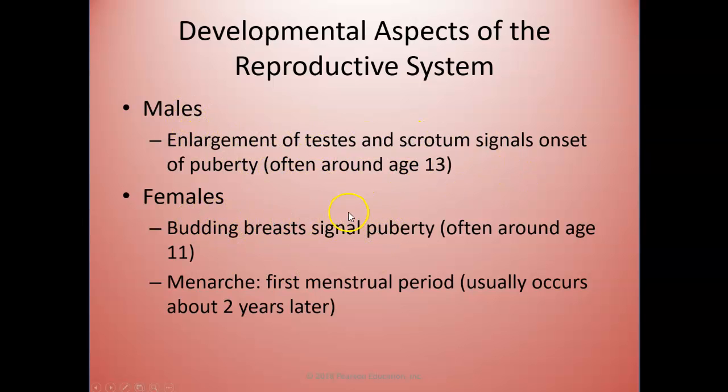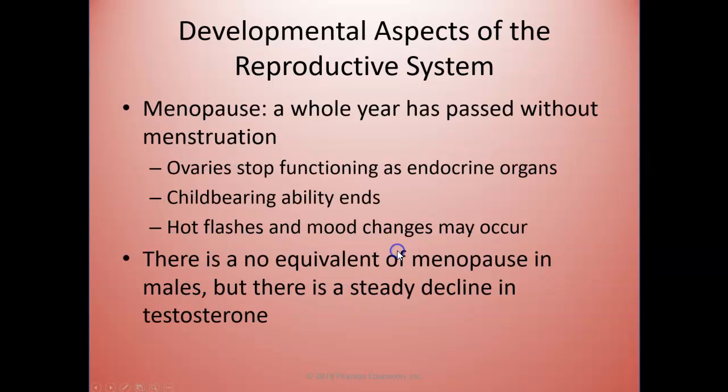In females, budding breasts signal puberty. Menarche, which we mentioned before, is the first menstrual period. It's usually about 2 years after the onset of breast development. And then at the very end of the menstrual span for women, there's menopause, which is defined as when a whole year has passed without any menstruation.